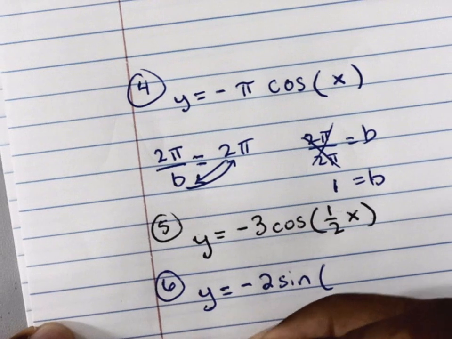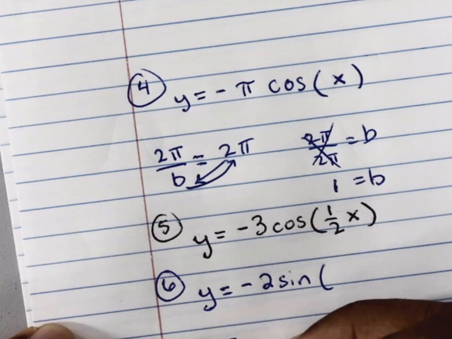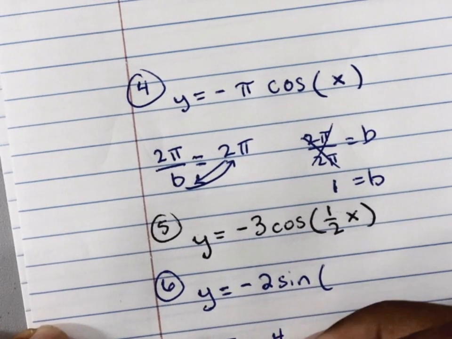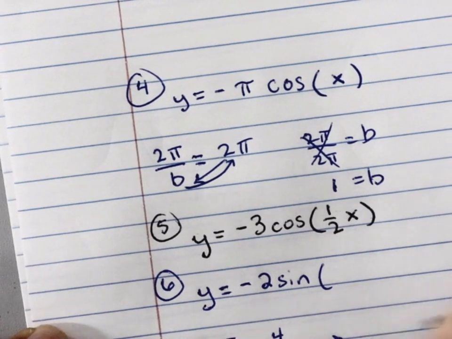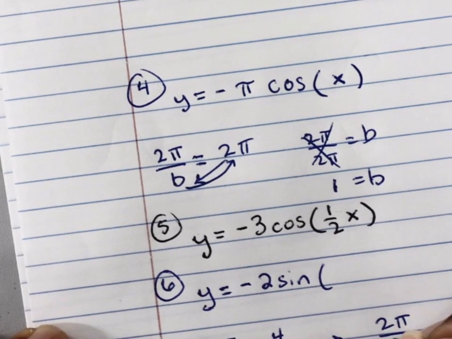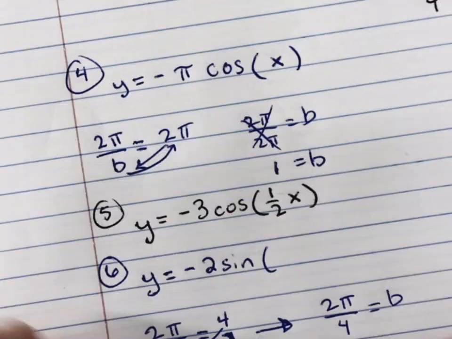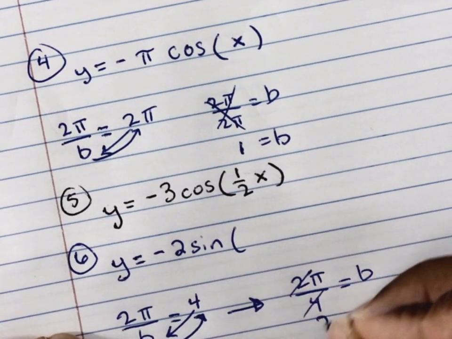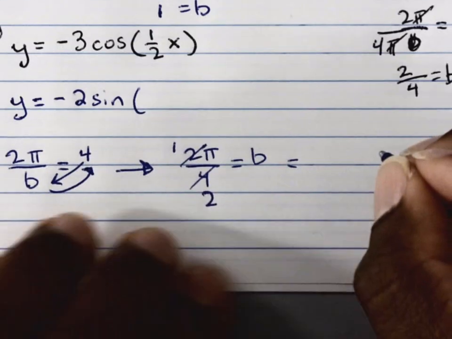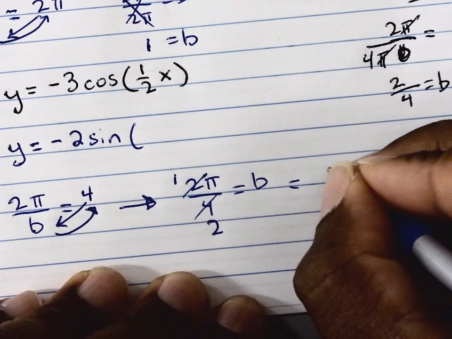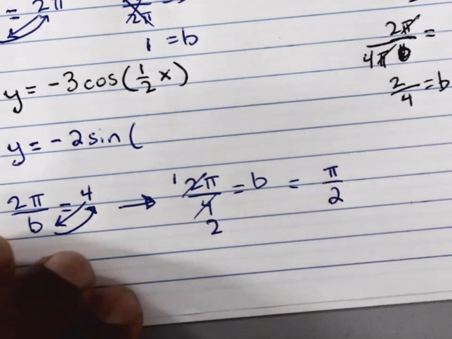So I'm going to set that equal to 2 pi over b. So 2 pi over b equals 4. Divide by 4, multiply by b. And I get 2 pi over 4 equals b. b equals just 1 pi over 2.